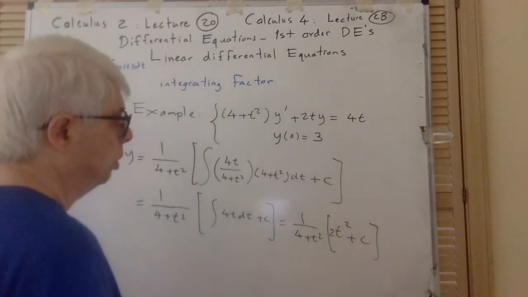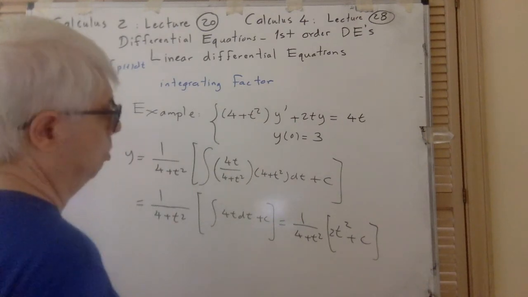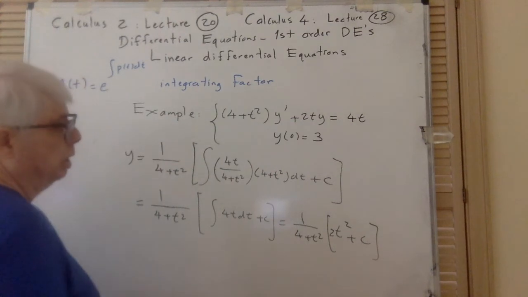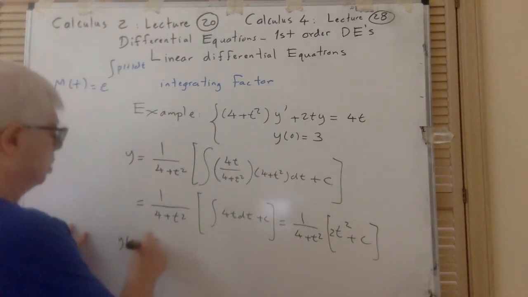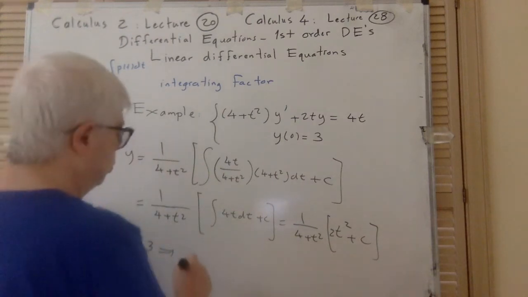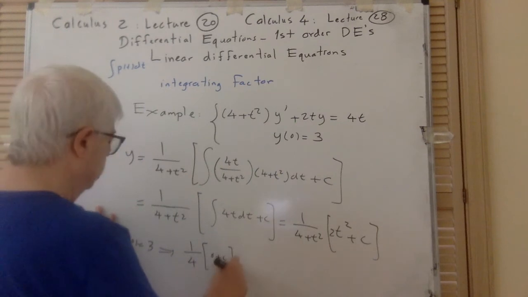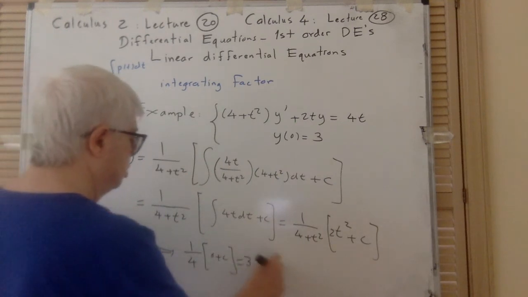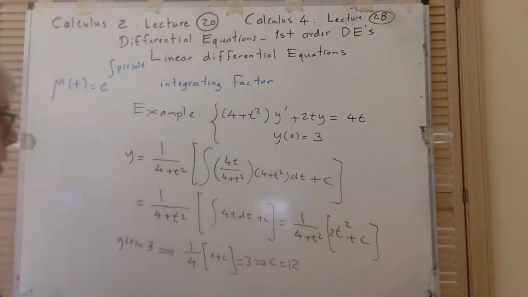So you can leave it like this, or you can just distribute. No difference. Let's see what this gives me. Y at 0 is 3. If I put 0 for t, 1 over 4 times 0 plus c is 3, and this gives me c is 12. So c becomes 12.